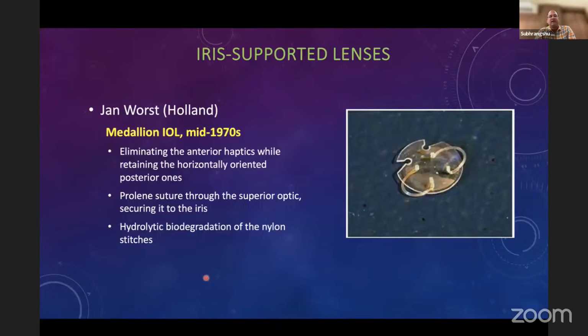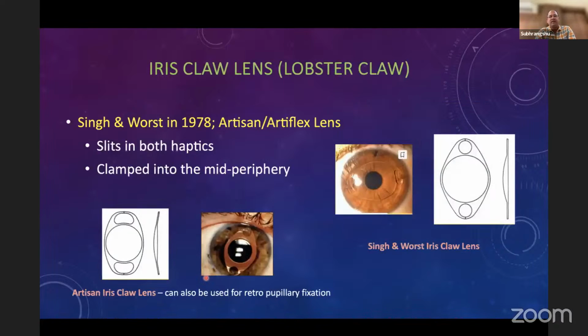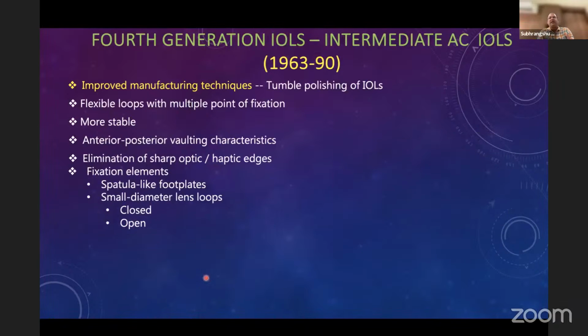Then, of course, there was the Medallion IOL. In the late 1970s, there were the Choyce-type intermediate AC IOLs. Improved manufacturing techniques led to this betterment of the AC IOLs.